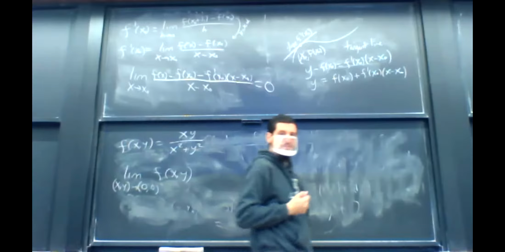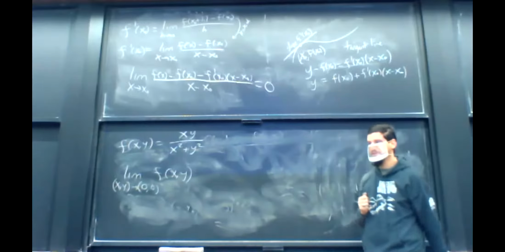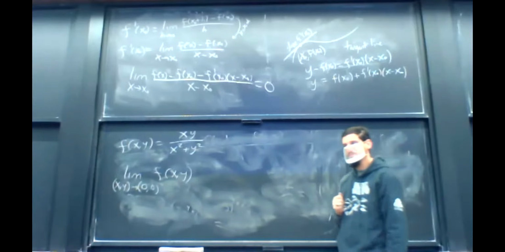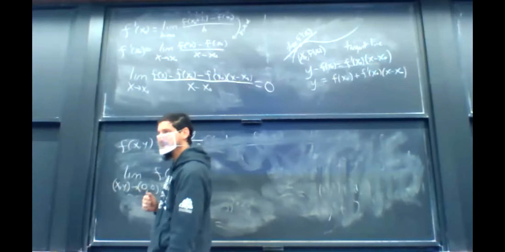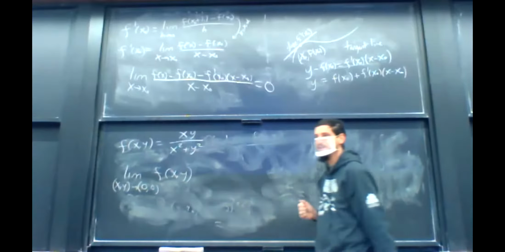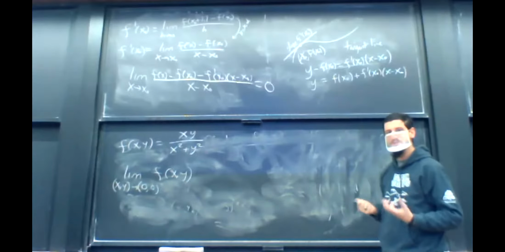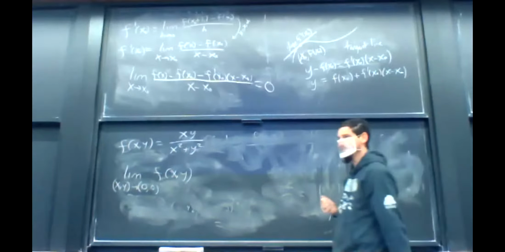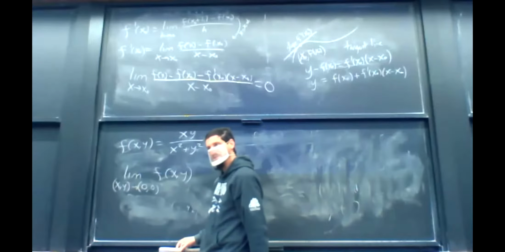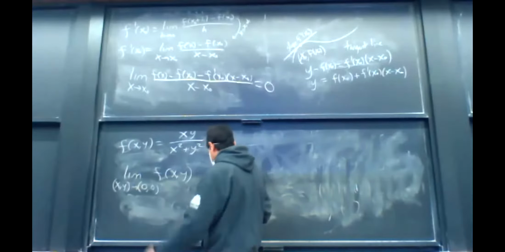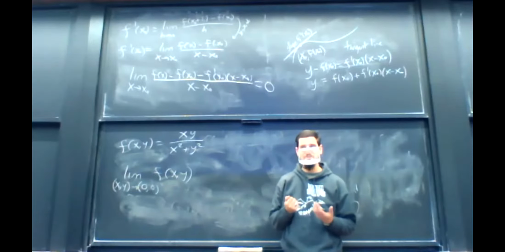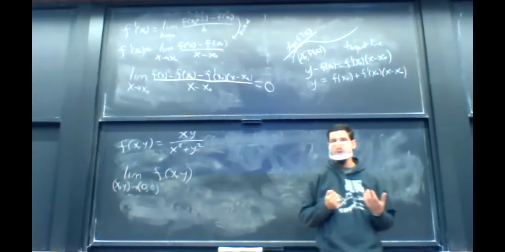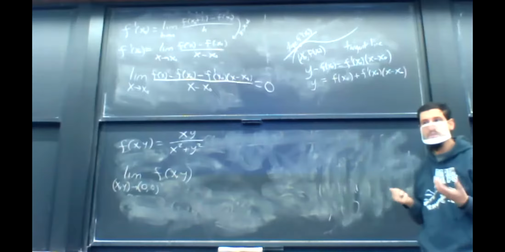Why do you think (0, 0) might be an interesting place to look at? It is undefined. What happens to the denominator at (0, 0)? It's 0. But the numerator is also 0. And so you have a chance of something happening. So we want to figure out, does the limit exist?